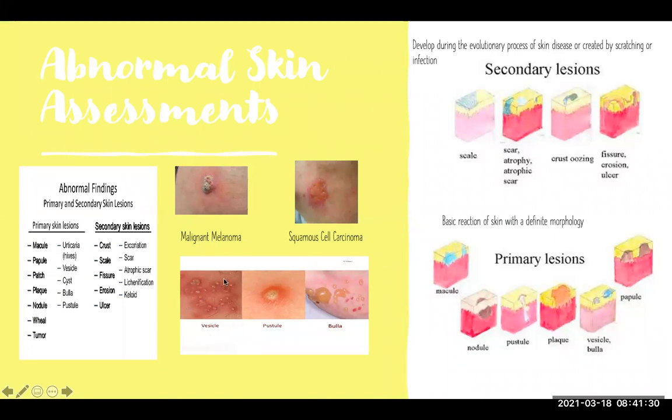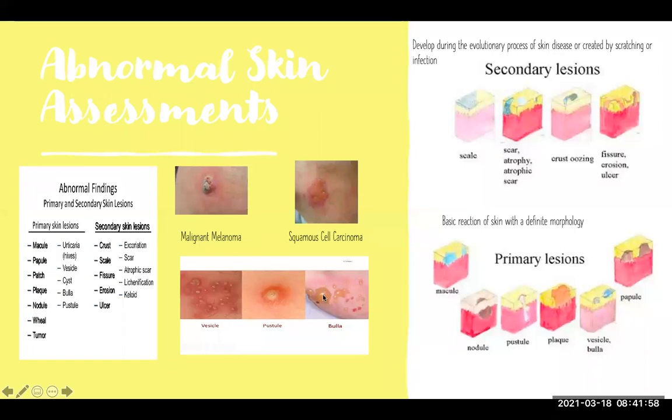This is the easier ones. This is example of a varicella rash or the chicken pox, or depending, because I can't tell exactly, it may be shingles. These are vesicles. So vesicle bulla is one of the primary lesions. Over here is an example of an abscess forming. It's a pustule. So another primary lesion.